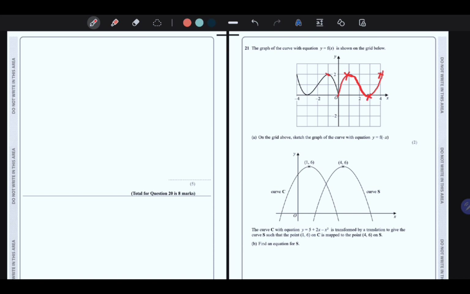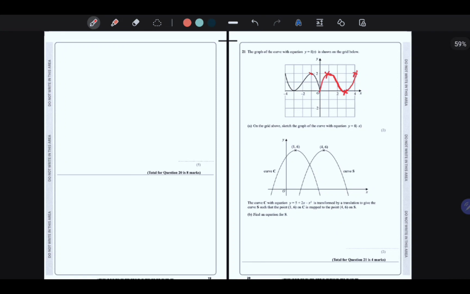The B part says the curve C with equation y equal to 5 plus 2x minus x squared is transformed by a translation to give the curve S such that the point 1, 6 on C is mapped onto the point 4, 6. So this is mapped onto this.